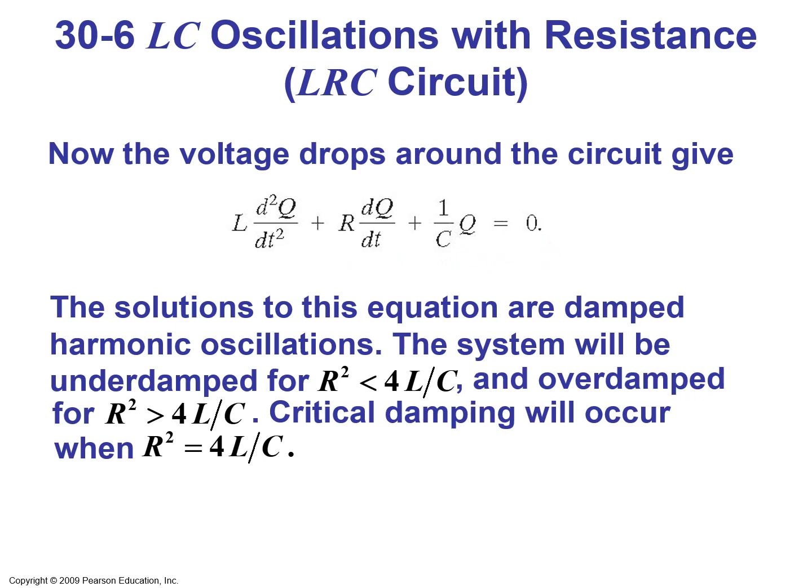The solutions to this equation are damped harmonic oscillations. The system will be underdamped for R squared less than 4L over C and overdamped for R squared larger than 4L over C. Critical damping will occur when R squared is equal to 4L over C.